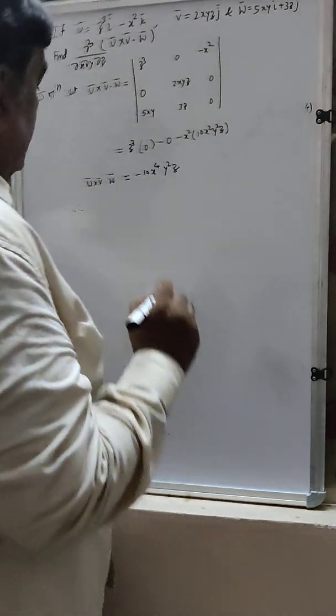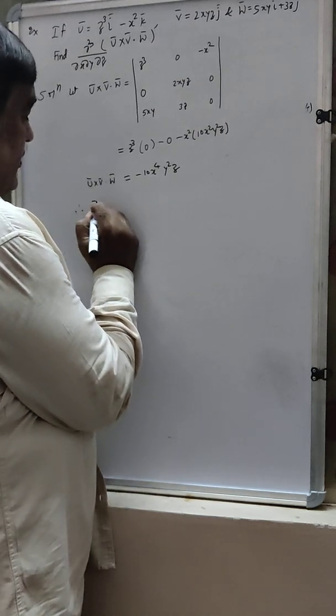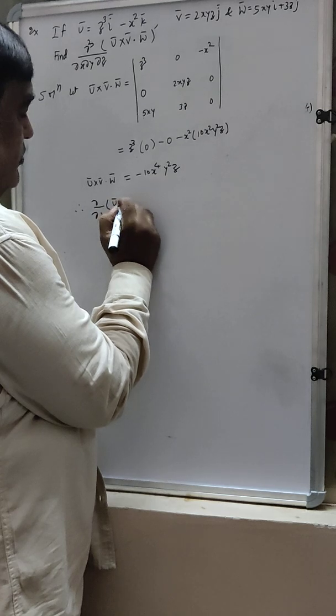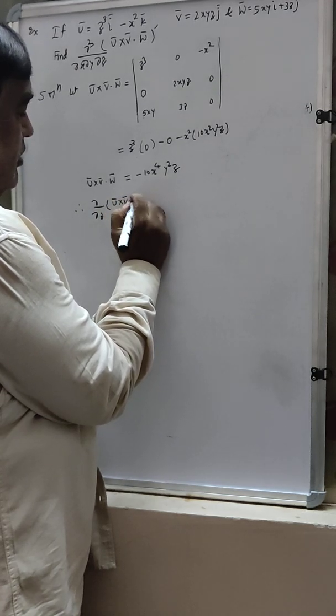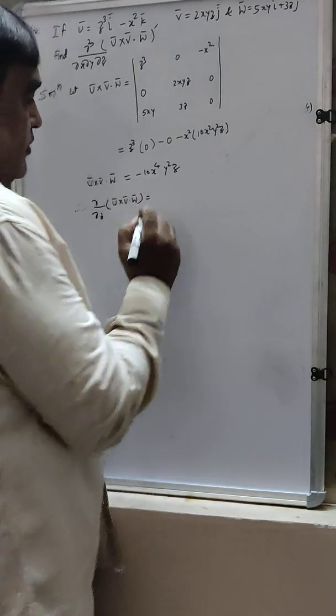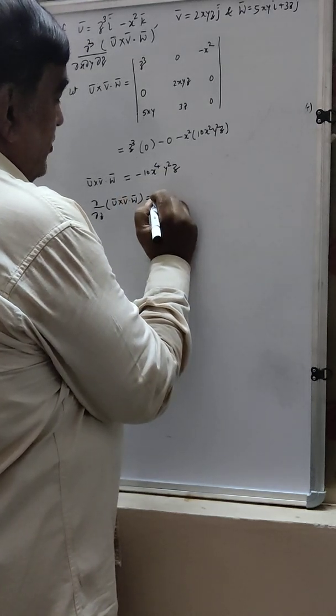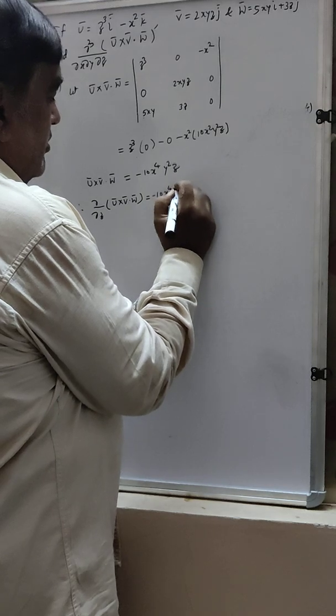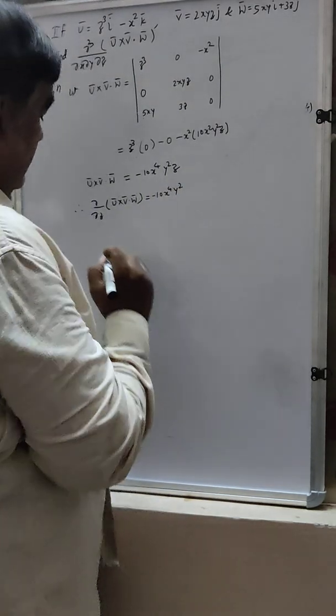Differentiate this with respect to z. ∂/∂z of u vector cross v vector dot w vector is equal to minus 10 x raised to 4 y square is constant, derivative of z is 1.